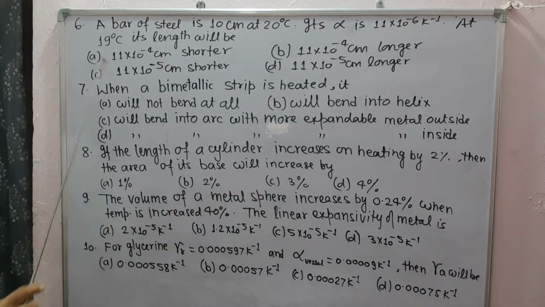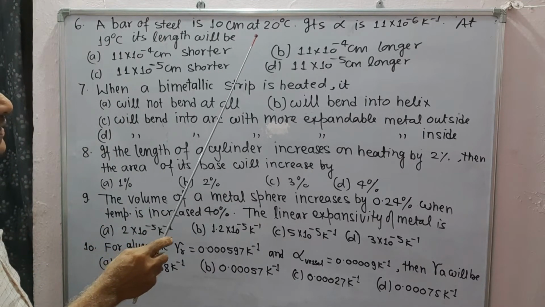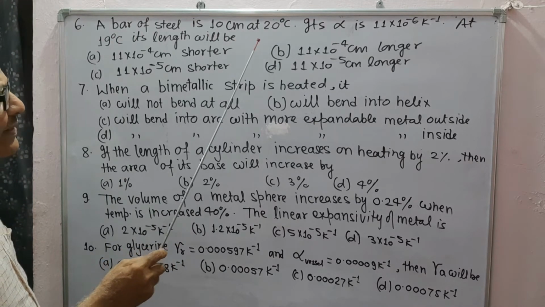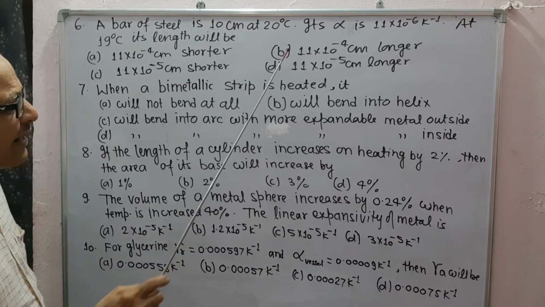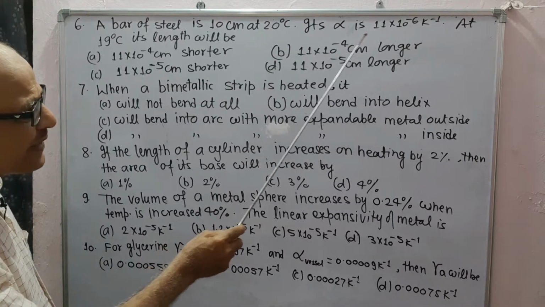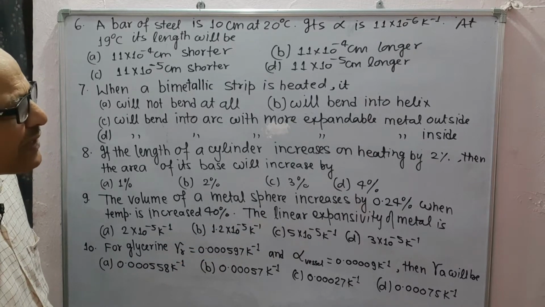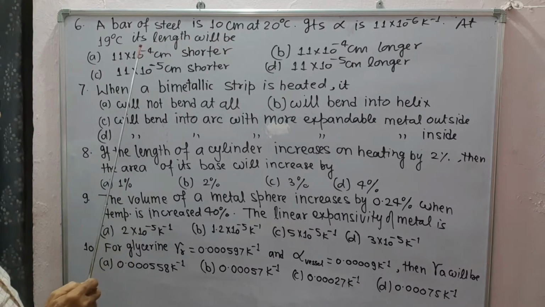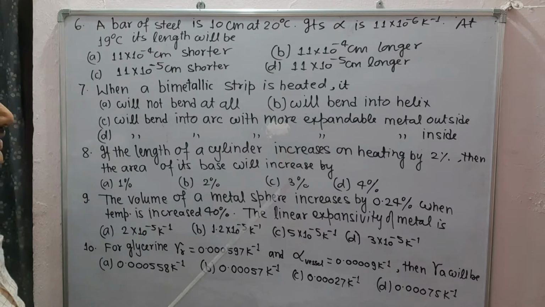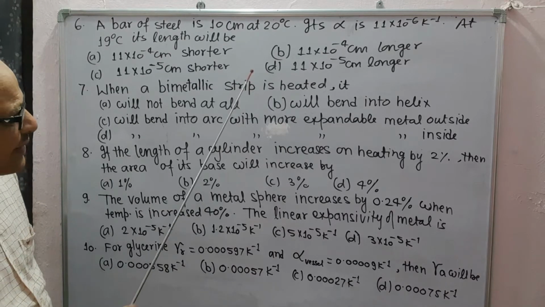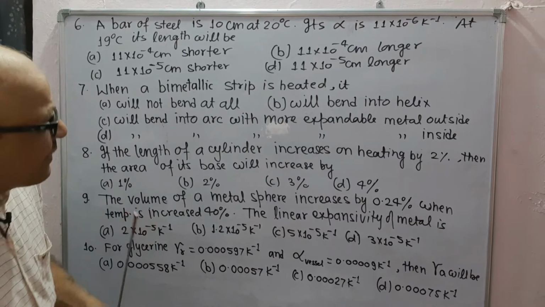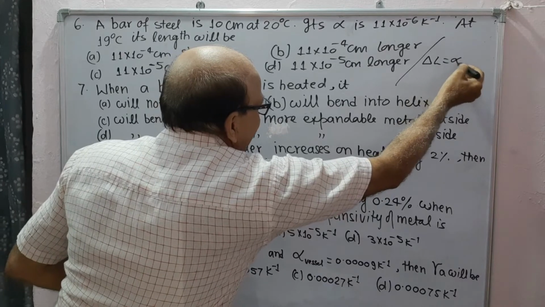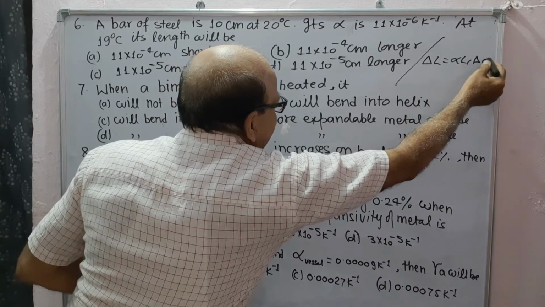Next question number 6. A bar of steel is 10 centimeter long at 20 degrees Celsius. Its linear expansivity alpha is 11 into 10 to minus 6 per Kelvin. At 19 degrees Celsius, its length will be, options are these. Now, delta L will be equal to alpha L1 delta theta.